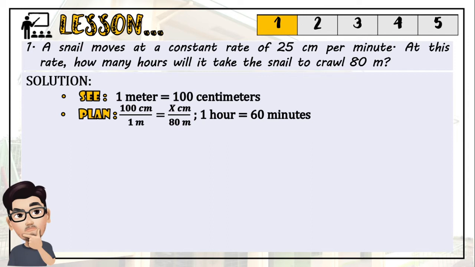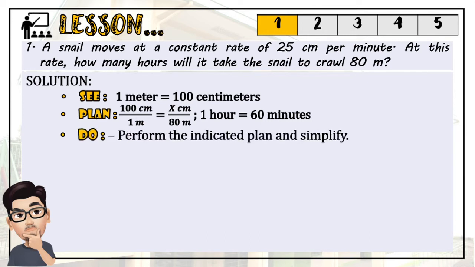So our plan, we are going to convert the 25 centimeters into meters, and then afterwards we're going to exchange it from centimeters to hours. Okay, so let's now perform the indicated plan, and then we will simplify our answer.